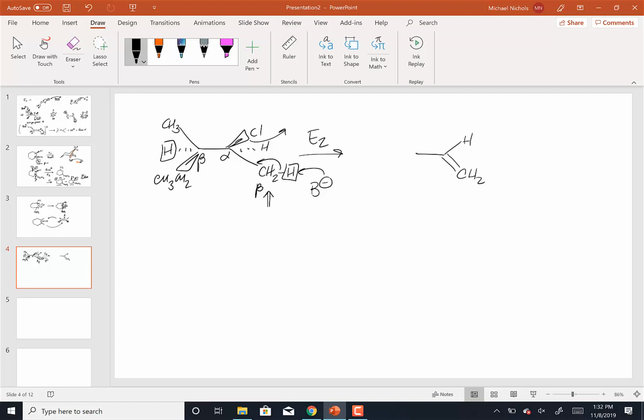So if I'm going to deprotonate this CH2, and I can because, again, the anti-periplanar geometry is given, then I'm going to end up with the double bond there. What about the group on the other side? I didn't mess with it, so it's going to have the same as before.